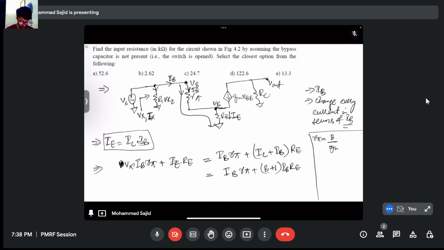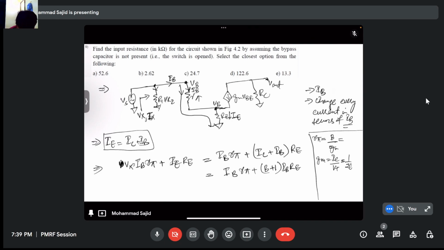So beta is given to us as 100. Okay, and gm is your IC by Vt. Let's assume IC is 1 milliampere because we found out that IC is 1. That will be 1 by 26 around.